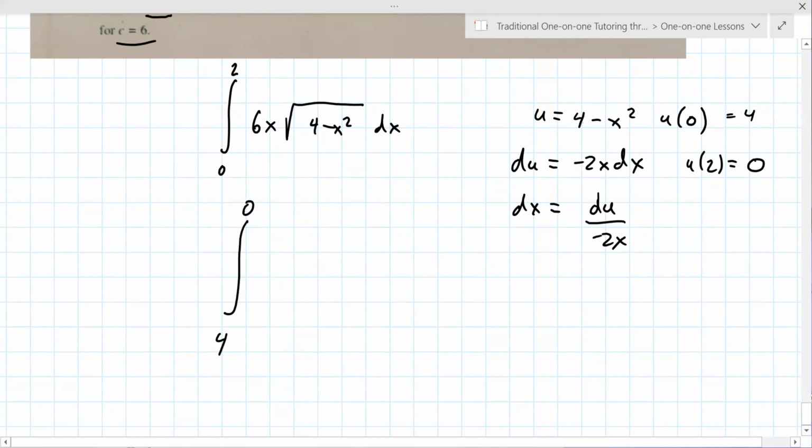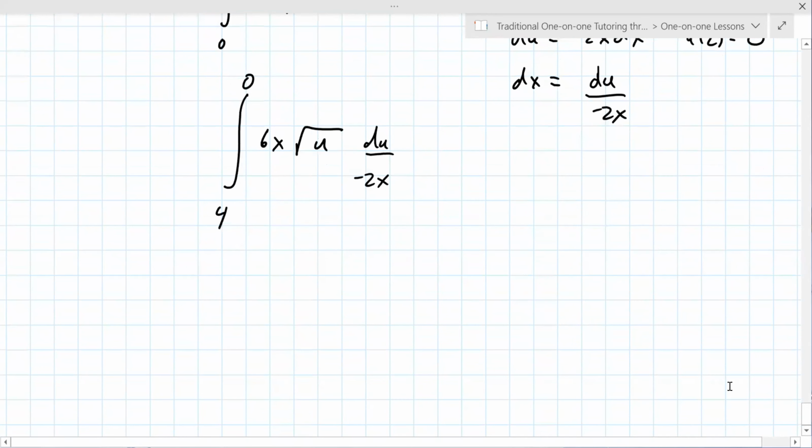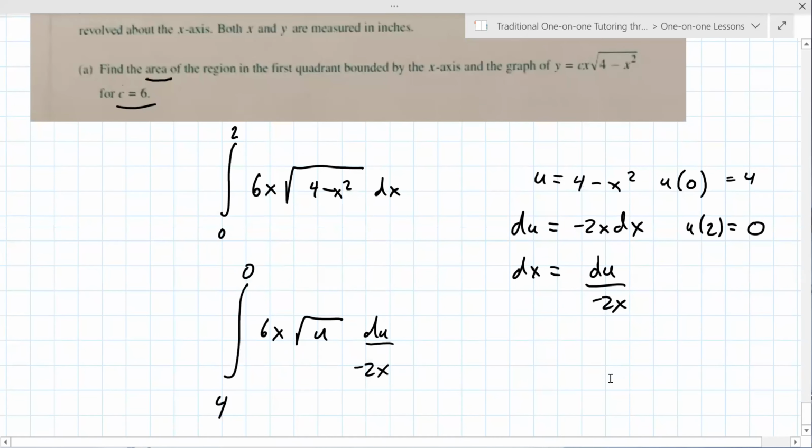This is okay. It does work out in the end. 6x square root of u, and dx is du over minus 2x. Make sure you're okay with this line.